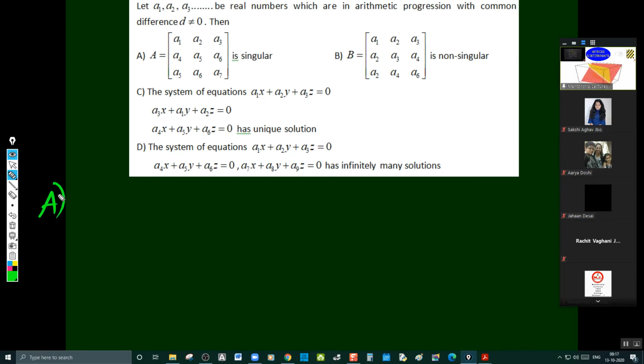Let me check option A. Let us take a1, a2, a3 as 1, 2, 3. I'm taking only their suffixes because the common difference is 1. Then 4, 5, 6, and 5, 6, 7.